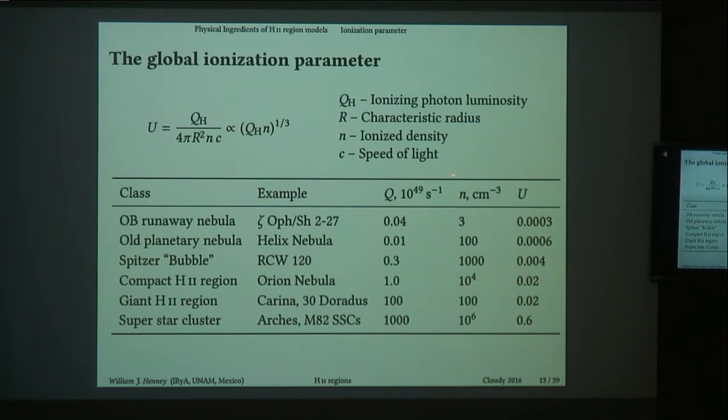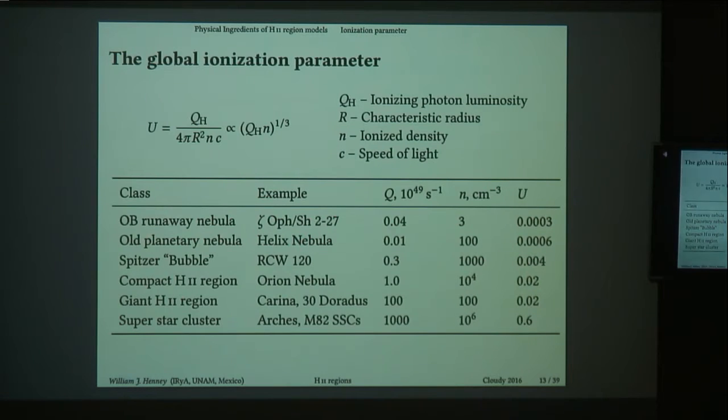And this shows a large variation in different types of H II regions. It can be very low in cases such as evolved planetary nebulae, because they're low density and low ionization. Also large H II regions around runaway OB stars, such as Zeta Ophiuchi, have a very low ionization parameter.